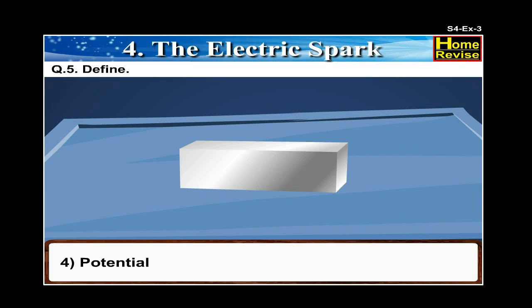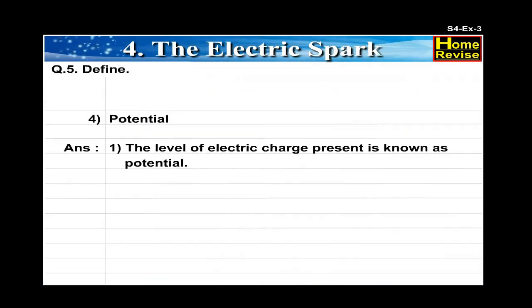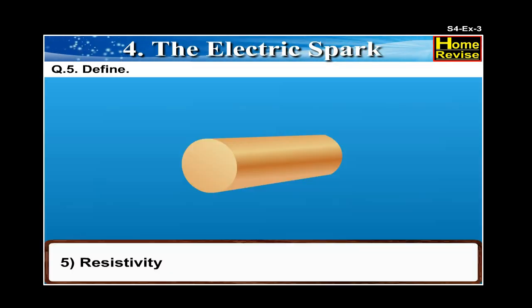Fourth, potential. The level of electric charge present is known as potential. Fifth, resistivity.